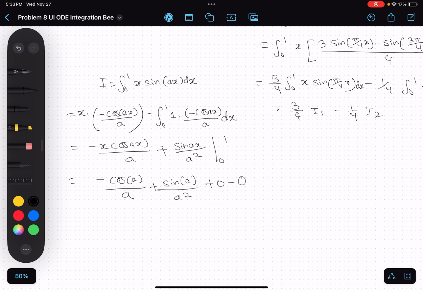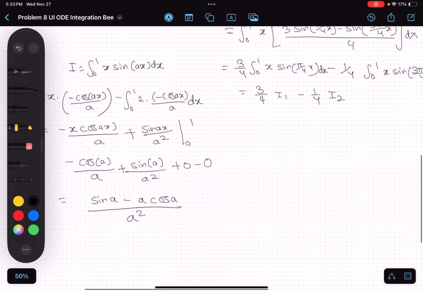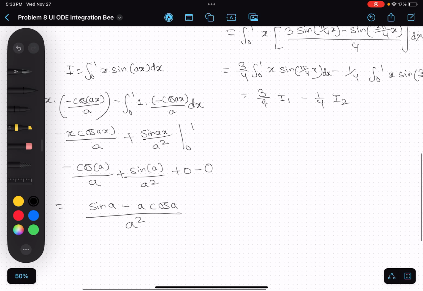Okay, so our answer is (sin a minus a cos a)/a squared, right? Sine a minus a cos a divided by a squared. So we know that's the general answer, so let's substitute over here.